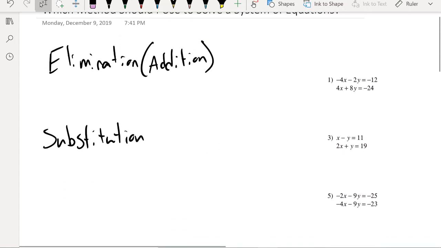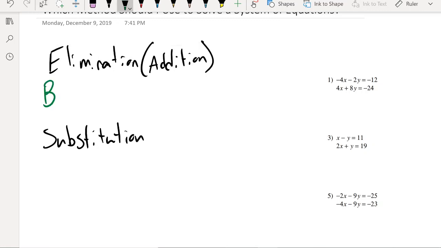But let's go back to elimination. When I was first learning this topic in school, I think that one was my favorite out of the main two here. And this one is going to be better if you have your stuff lined up, right?